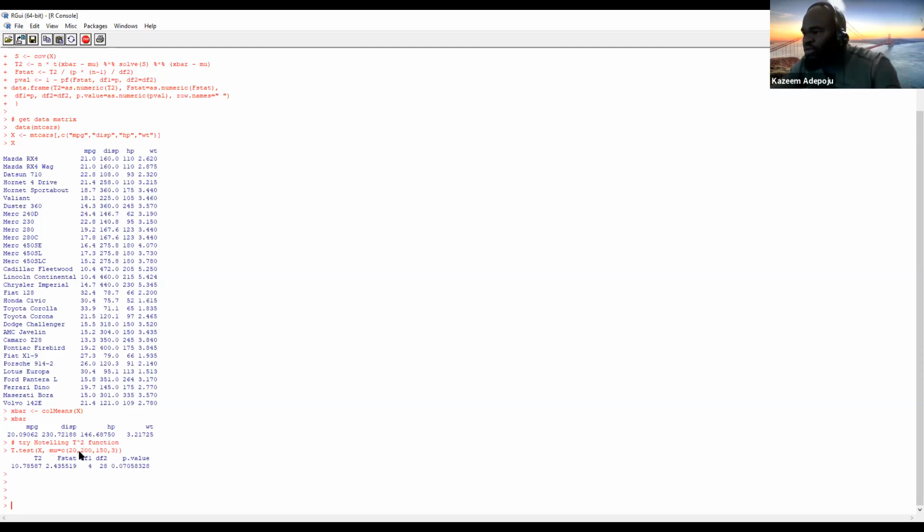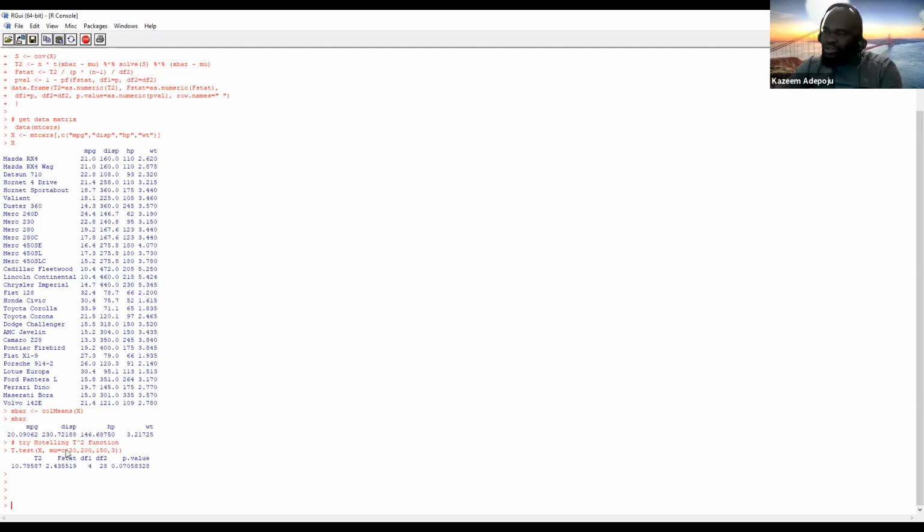So what the p-value is telling me now is that our mu naught, the vector of mu, is equal to this. The alternative is that the vector of mu is not equal to this. And since the p-value is greater than 0.05, we cannot reject this hypothesis.